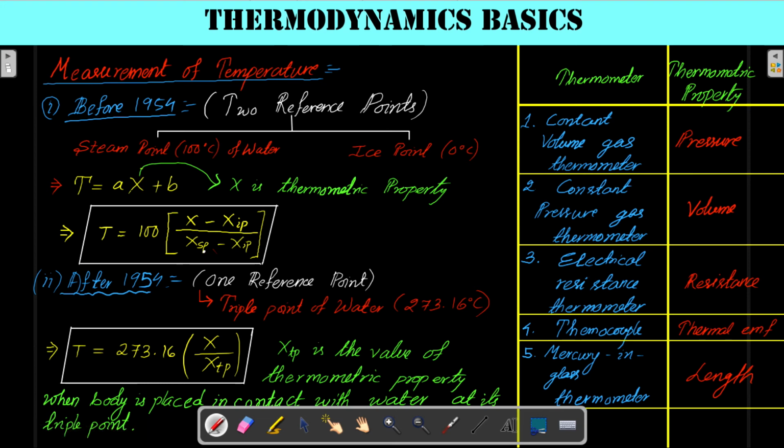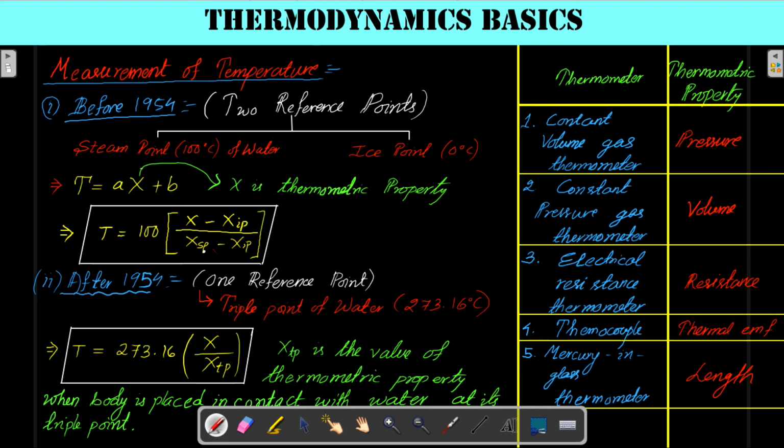They used to follow this equation, but after 1954 we follow a single reference point, that is the triple point of water, 273.16 kelvin. And how do we calculate the temperature?